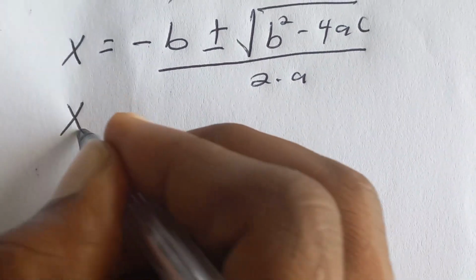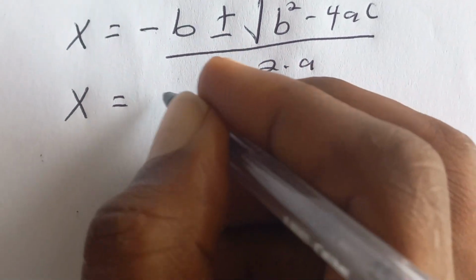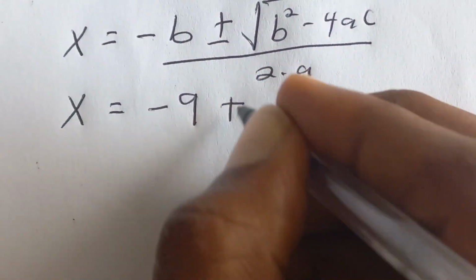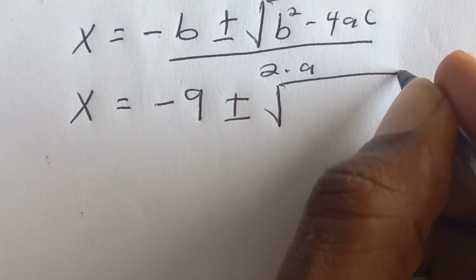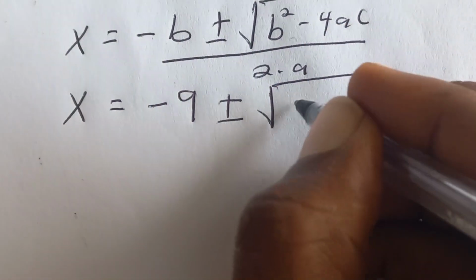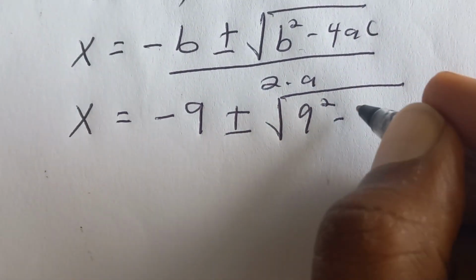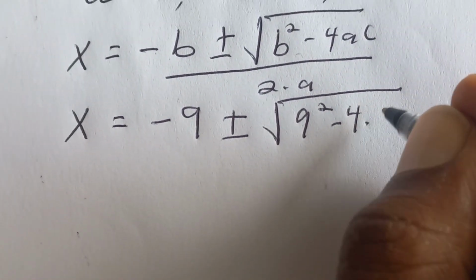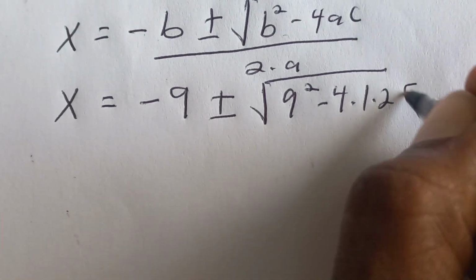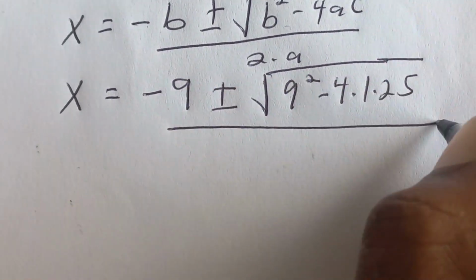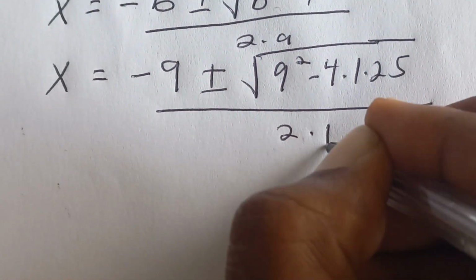So our x is equal to minus 9 plus or minus square root of 9 squared minus 4 multiplied by 1 multiplied by 25 all over 2 times 1.